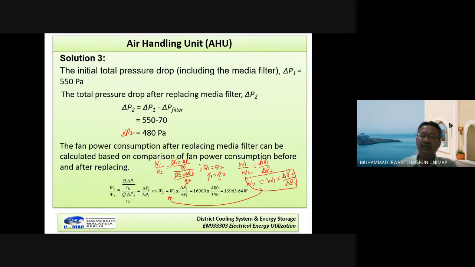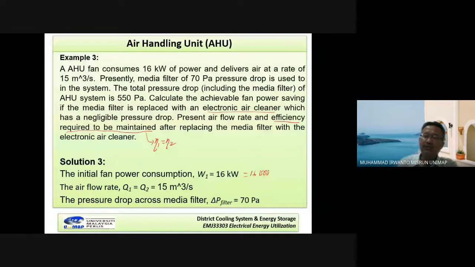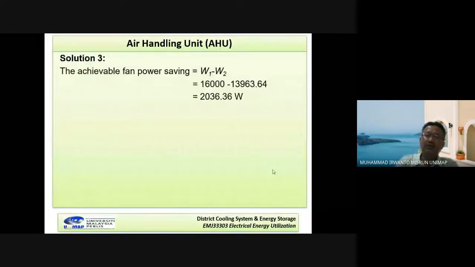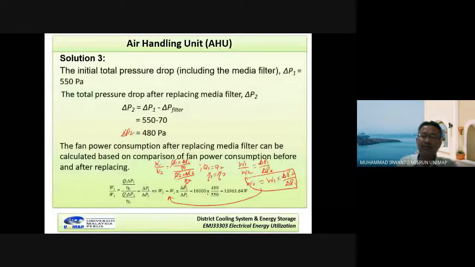Now W1 is following this one, 16 kilowatt or 16,000 watt. So 16,000 multiplied by delta P2 here 480 Pa, and then delta P1 here 550. Now we obtain W2 is this one, 13,963.64 watt.